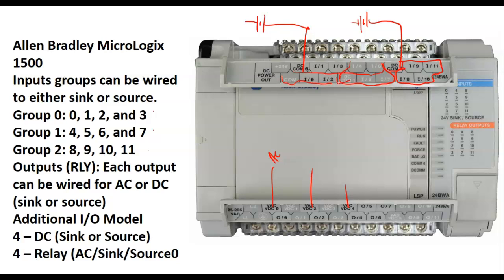So we could hook AC on those things, and we could have AC outputs. Over here I could hook the plus, and this would be a sourcing output. Over here I could hook the minus, and it would be a sinking output.